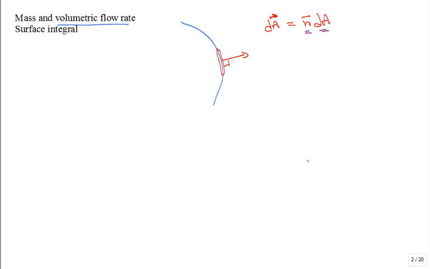Okay. If I say I have a velocity v, and let's try and draw a couple cases here. I think I've done this, but if I have the velocity v right here, and this is n, how do I calculate the flow rate going across or through that little opening?